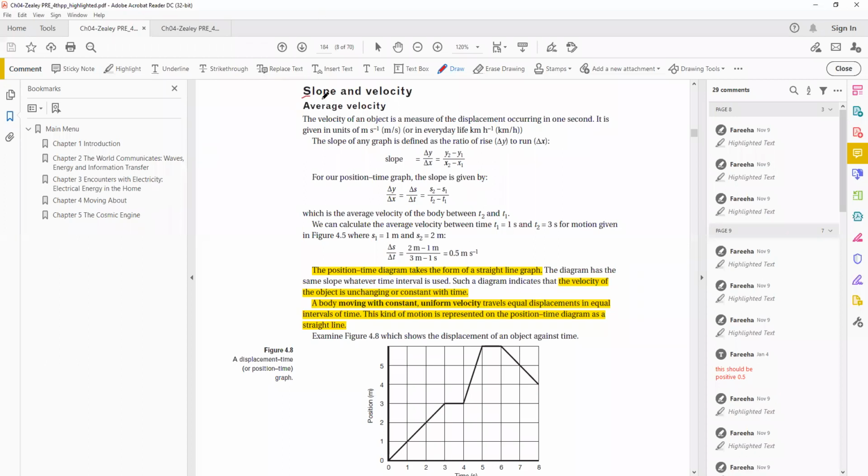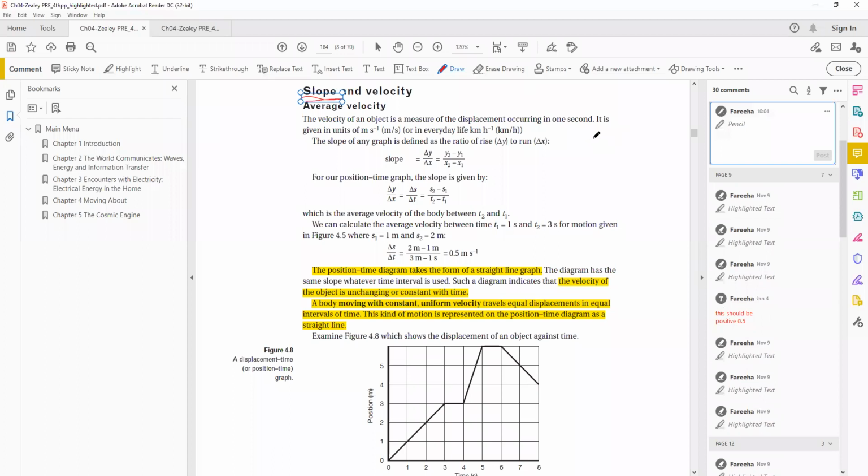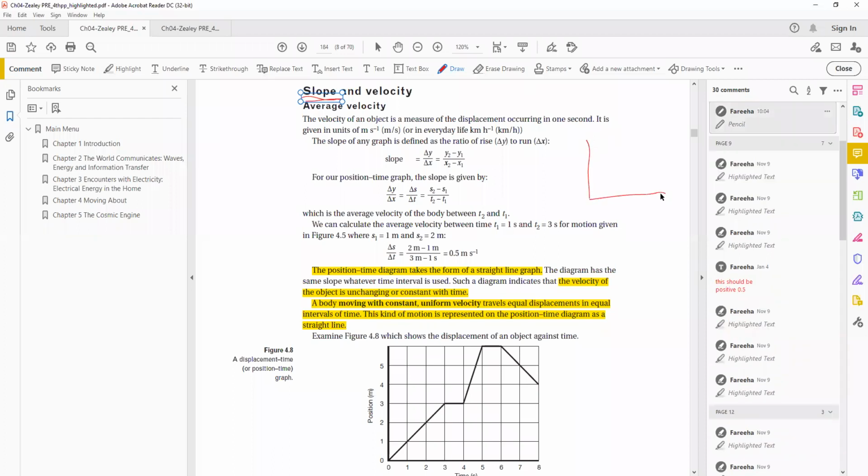We talked about the slope of a graph. When we were drawing a graph in chapter number 1, we saw that slope can be found by taking any 2 points and dropping the perpendiculars. The coordinates of this point will be x1 and y1, and the coordinates of this point are x2, y2.